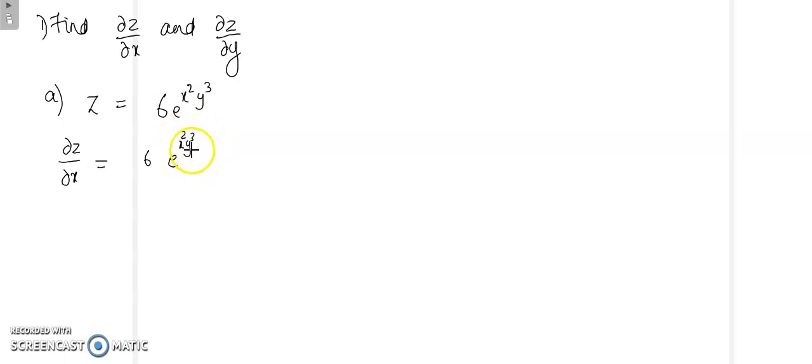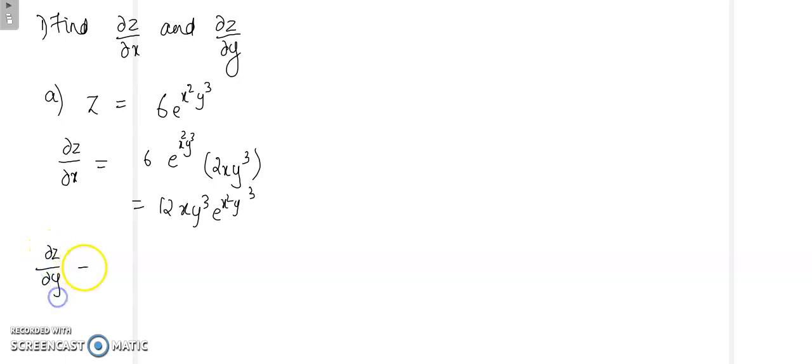Now you need to take the derivative of x square y cube with respect to x. So that will be 2x y cube. So you will get 12 xy cube e raised to x square y cube. So that is the required partial derivative.